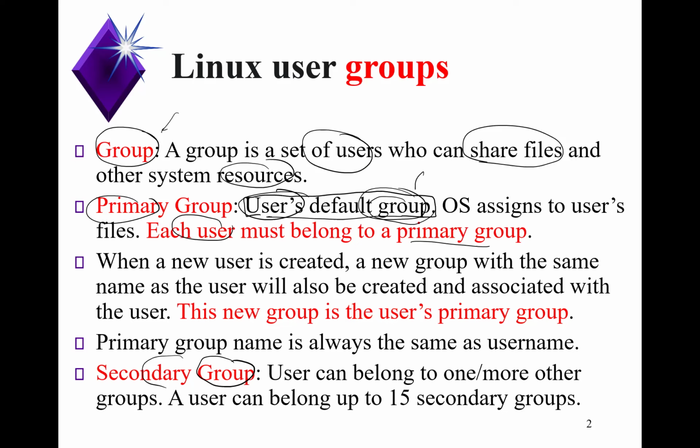That is another group. So a group can be created by yourself too. So secondary groups are the groups created by us. You can put multiple secondary groups, up to 15. Okay. So this group, distribution to distribution, things are different.